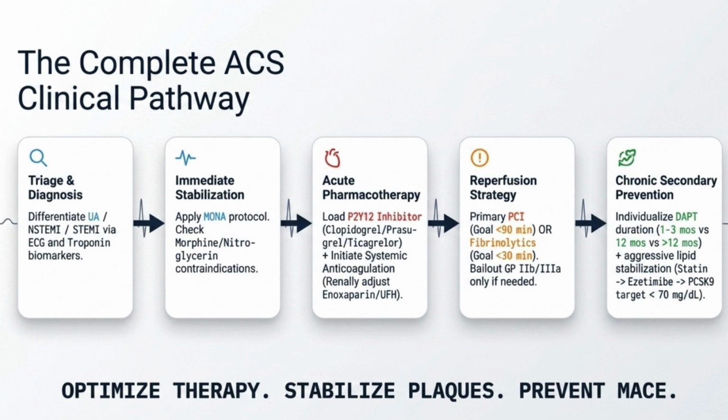STEMI demands immediate emergency reperfusion via primary PCI within 90 minutes or fibrinolytics within 30 minutes, while non-STEMI and unstable angina demands risk stratification to determine the timing of an invasive strategy while avoiding fibrinolytics completely.